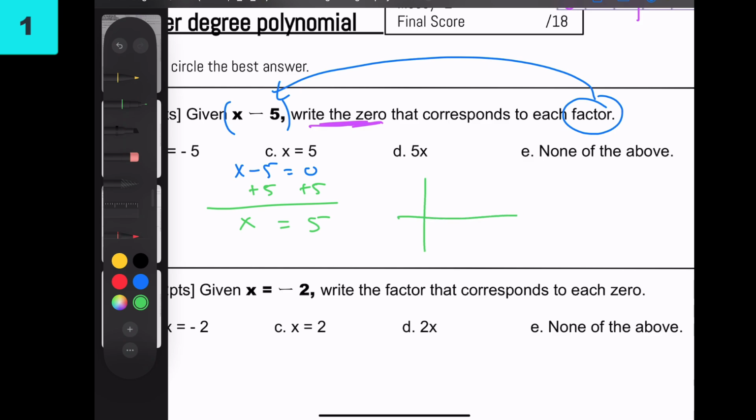So remember, that means that x equals 5 and x minus 5, those represent the same location right there. So that would be choice C.